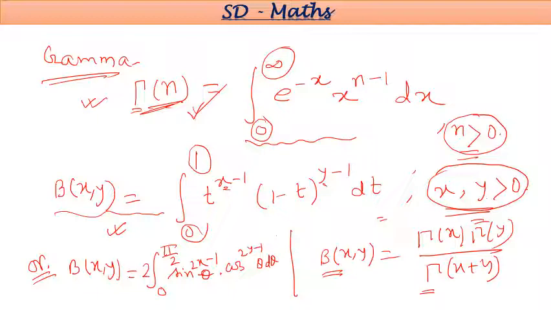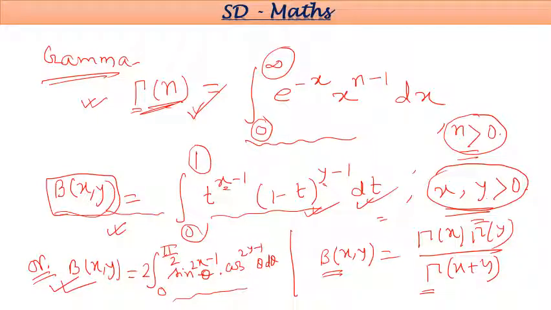This is another version of beta x y. When you are given a trigonometric function, use this formula, and when it is in algebraic format, use the first one. It depends on the given format of the function.